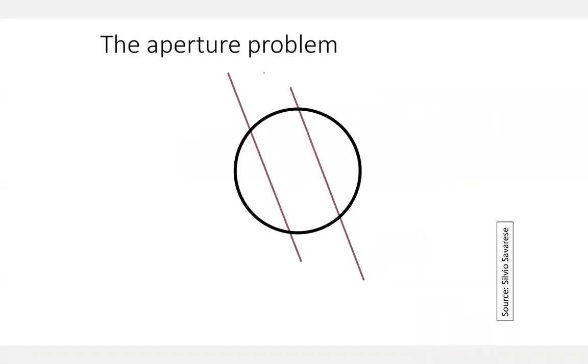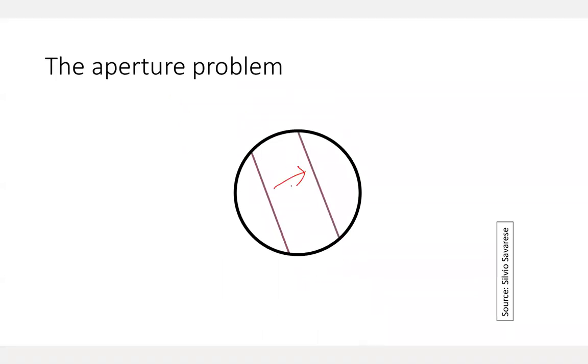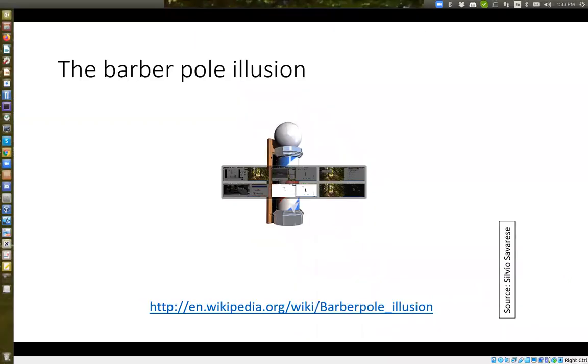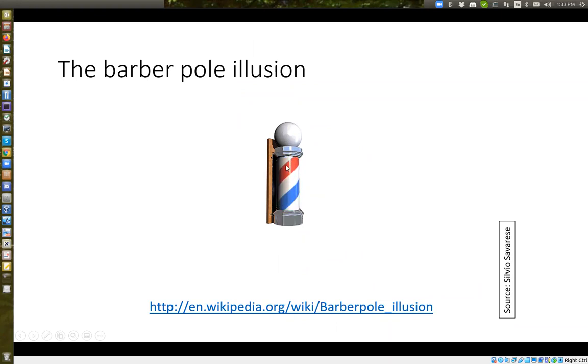For example, if the actual object is moving in this direction, but I only look at this aperture here, the motion could look like it's going this way, or this way. This is the so-called barber pole illusion. Even though this thing is just rotating, it looks like it's moving upward.